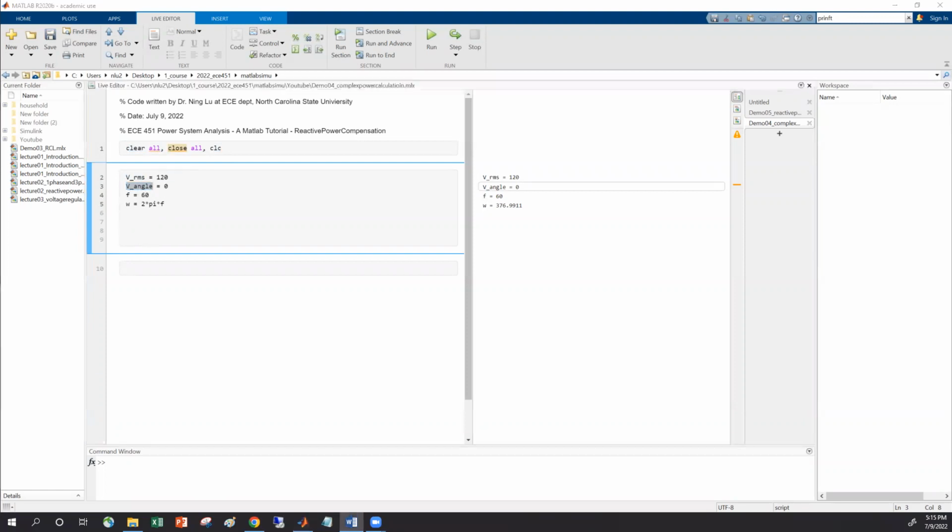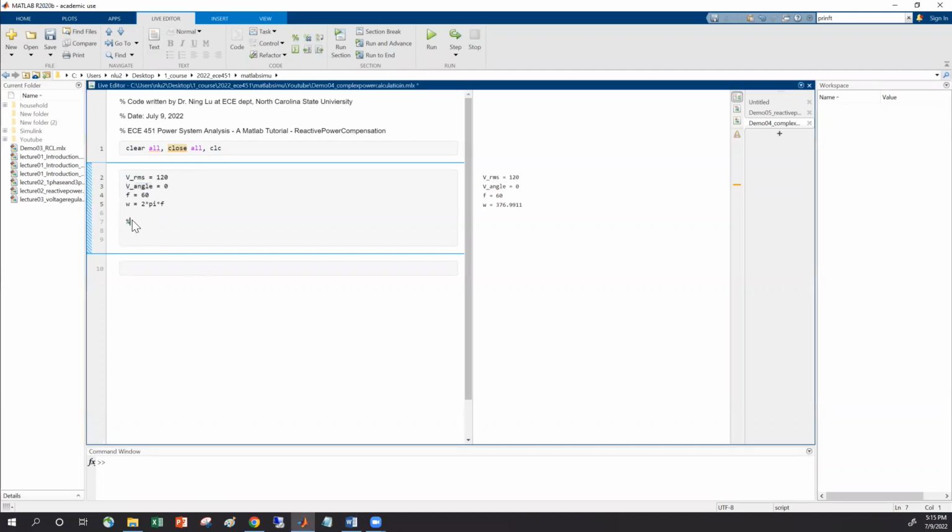So next, we're going to write down the phasor representation of voltage. Okay.